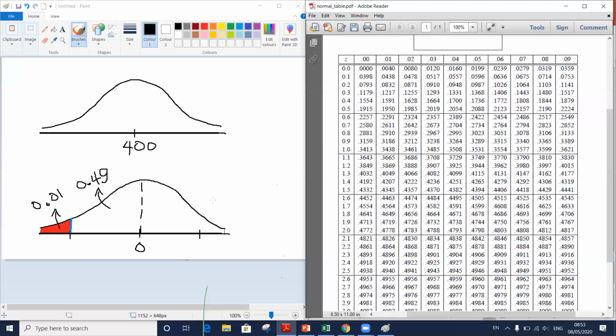For probability 0.49, what is the z value? 0.4901 is there, so what is the z value? When the z value is 2.33.